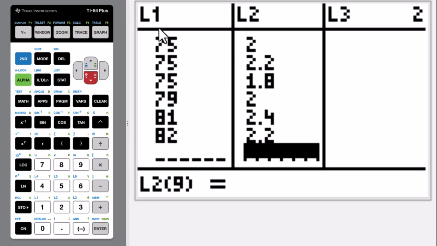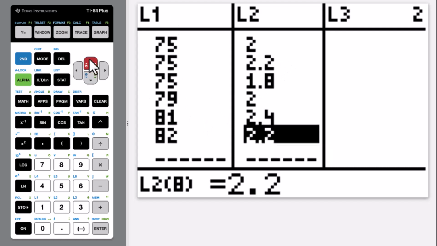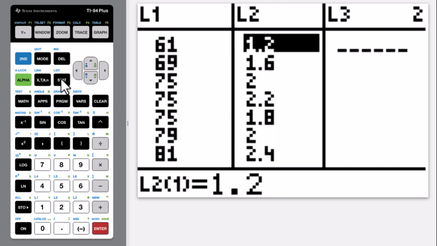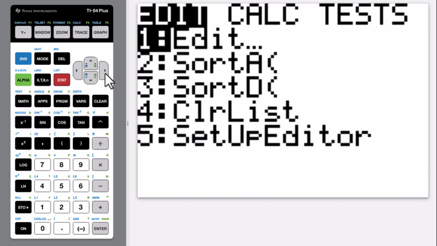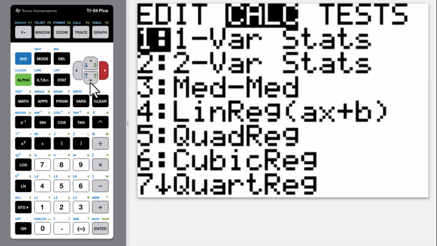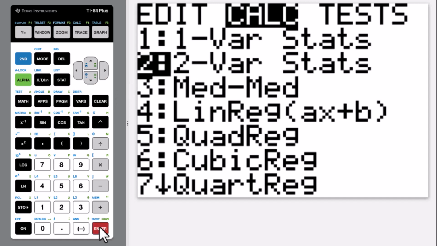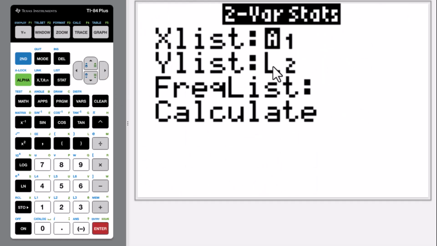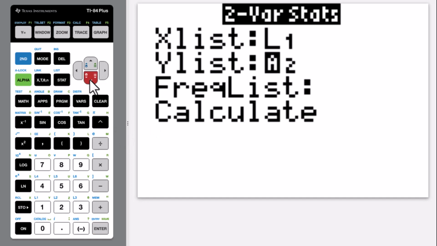First of all, we need to put all the data in L1, L2. Then go back to stat, calculate. This is a 2 variable stats, so go to 2, enter. L1, L2, no frequency, calculate.